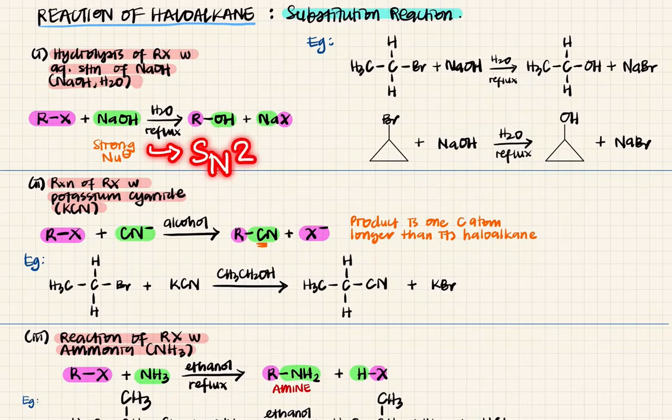Okay. So that means awak punya haloalkane tu akan jadi apa? Akan probably primary atau secondary haloalkane. Okay. Tertiary memang tak. Okay. Right. So macam ni, if you have haloalkane reacting with KCN, potassium cyanide, we know that CN minus is a strong nucleophile. That means that this is a Sn2 mechanism.